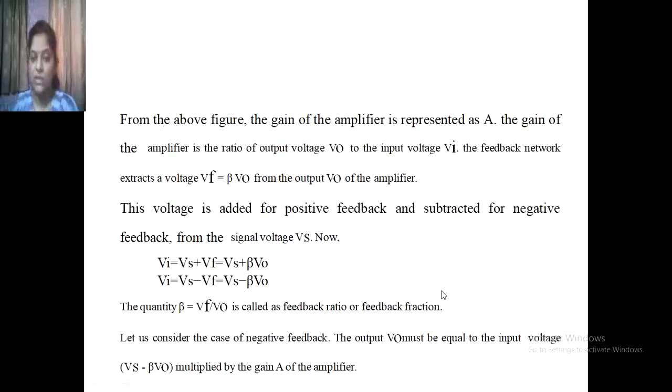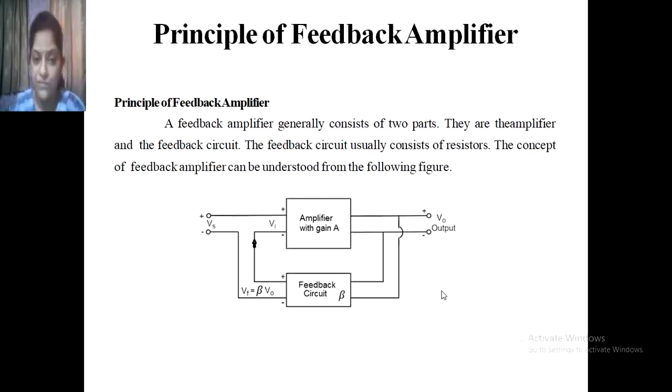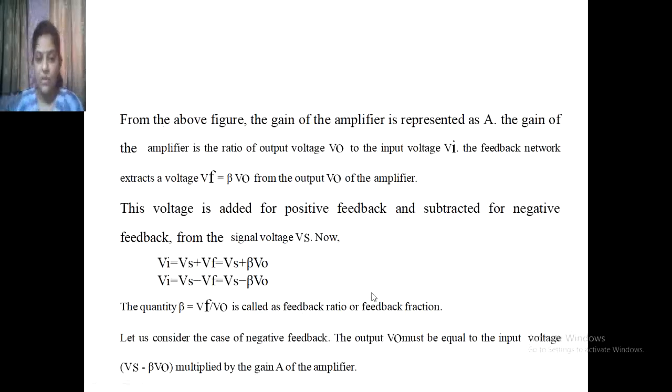Generally A represents the amplifier gain, Vout is the output, and Vi is the input. In the feedback network, Vf is equal to beta V0. So part of the output V0 of the amplifier is extracted from the circuit. This voltage is added for positive feedback and subtracted for negative feedback.